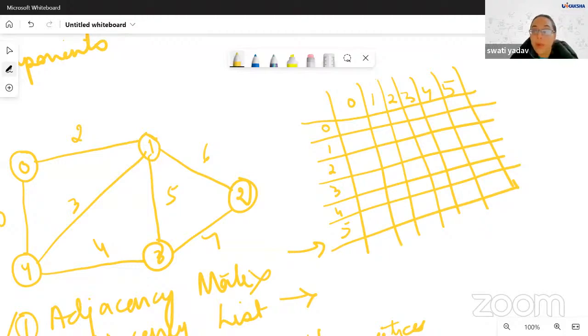Not 5, 5 is not there, I'm so sorry. Till 4. So your whole matrix is this.